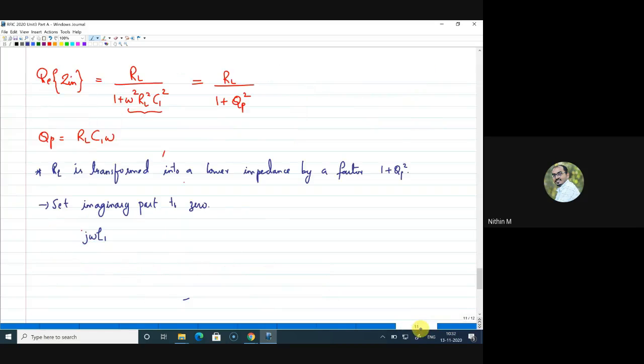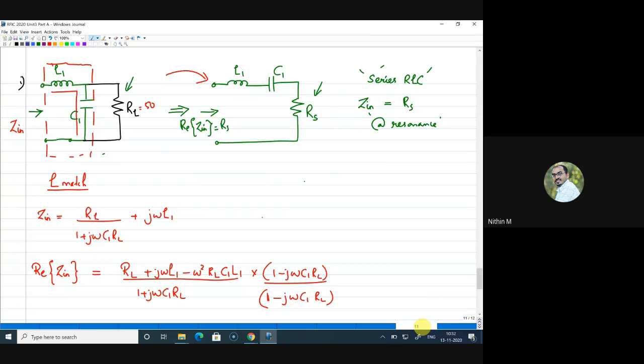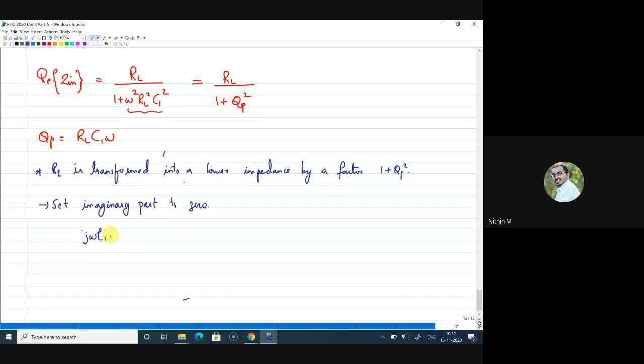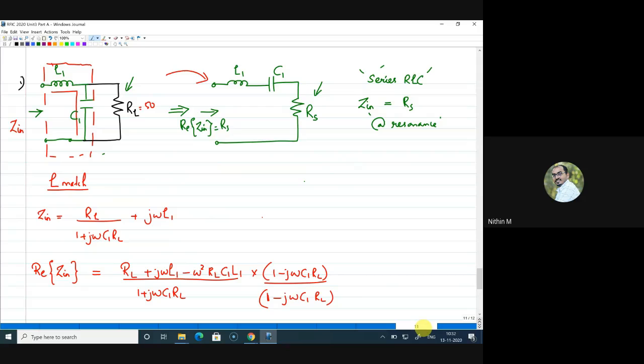I'll try. I have j omega L1, and the second component will be, this is real. Again, you will get minus, so you will get another component here, which is minus j omega RL square C1. That is from the real.